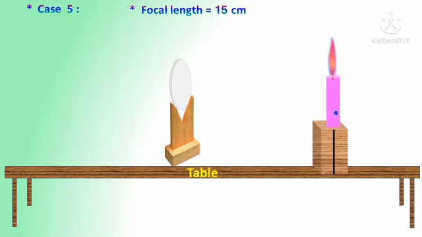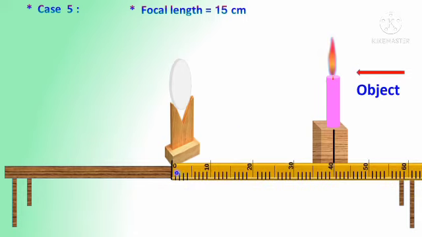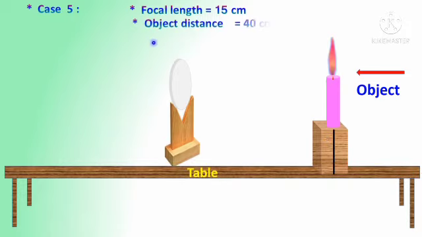Take the candle, that is the object, working as an object. The distance from lens to object is u. Now we take 40 centimeters. Before, it was 70, 60, 50. Now 40 centimeters. What is that? Object distance u equals 40 centimeters.